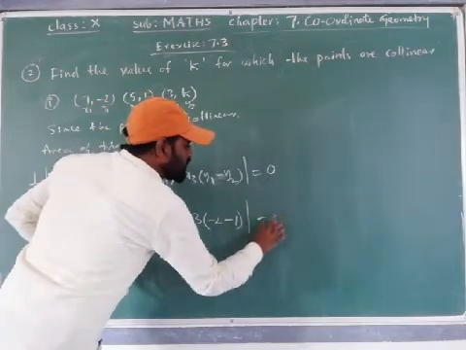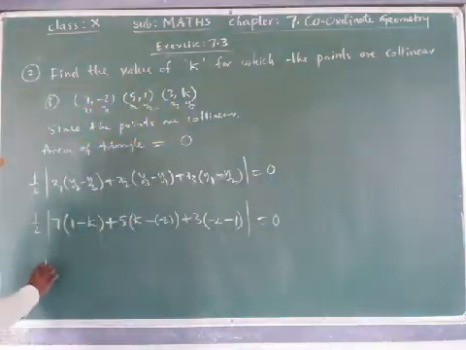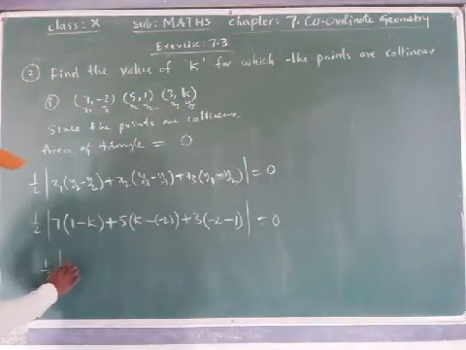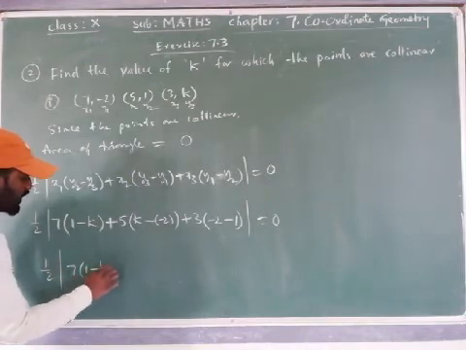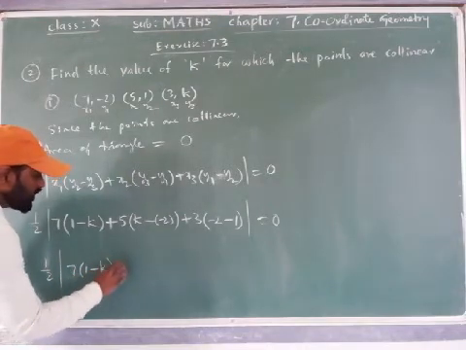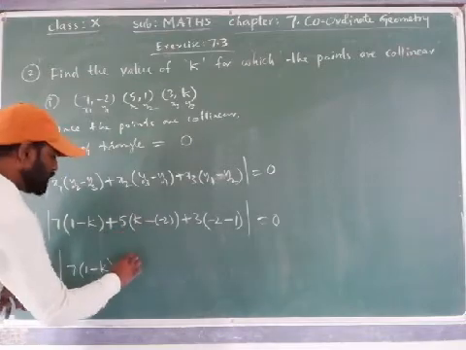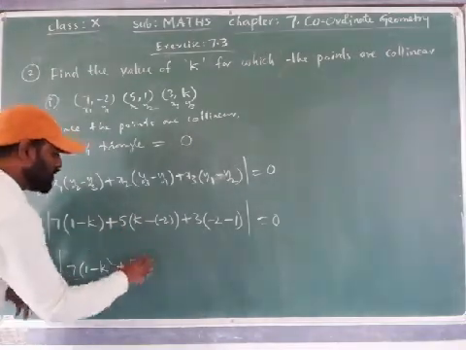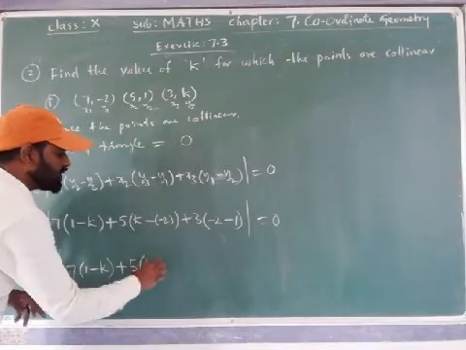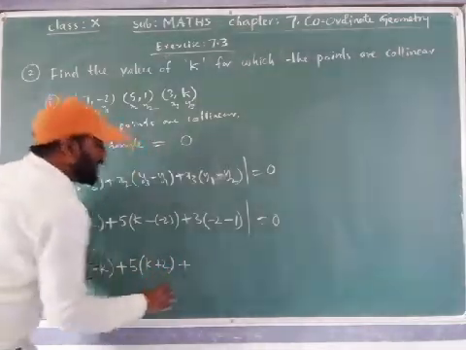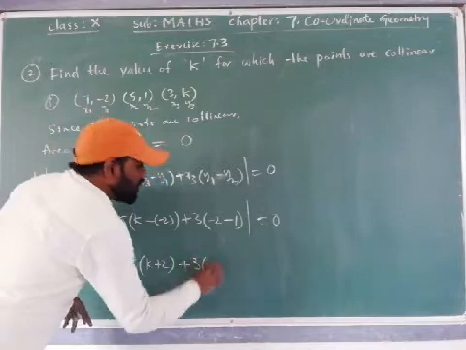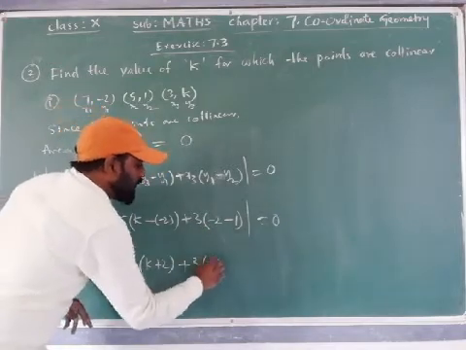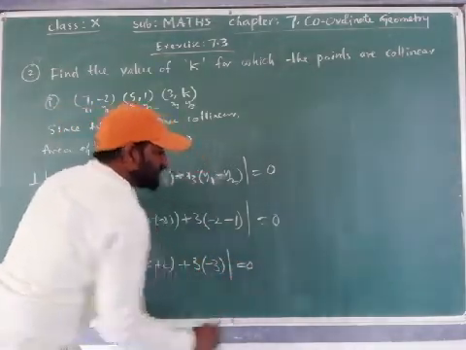This total is 0. Here 1 by 2, 7 into 1 minus k. I am writing this as it is. Plus 5 into k. Before that I am simplifying the bracket now. K minus of minus is plus. Plus 3 into minus 2 minus 1, it is minus 3. Equal to 0.